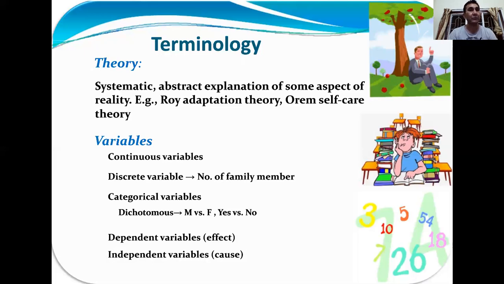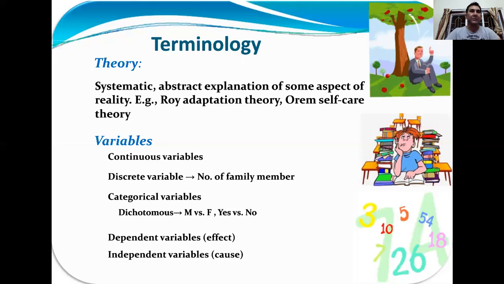The first is called the continuous variable. Continuous variables are those in which no gap is present between two data points, like the body weight of a baby: 2 kg, 2.5 kg, 2.7 kg, and 3 kg. And like temperature: 95 Fahrenheit, 96 Fahrenheit, 96.5 Fahrenheit, and 97 Fahrenheit.